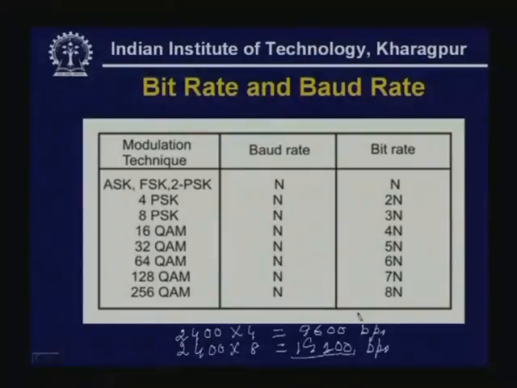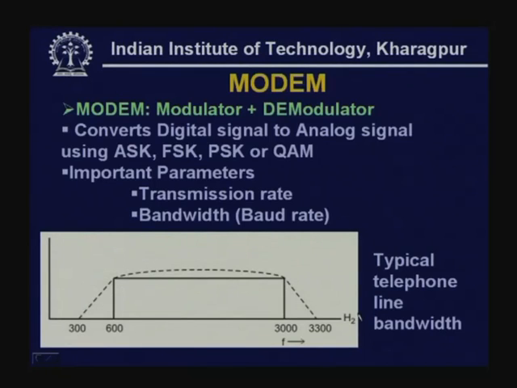So, we see it is possible to transmit at a much higher data rate than the bandwidth of the channel by using suitable modulation technique like QAM, which is a combination of ASK and PSK. So, we find this modulation technique is finding very good use in modems, which we normally use for connecting our computer from home to office or from home to the internet service provider.